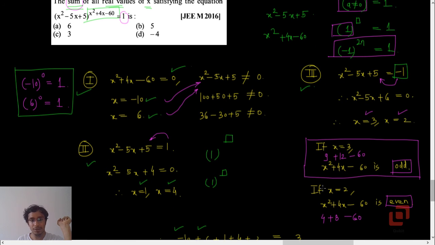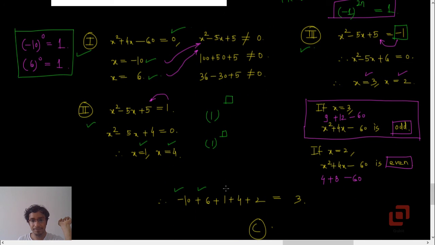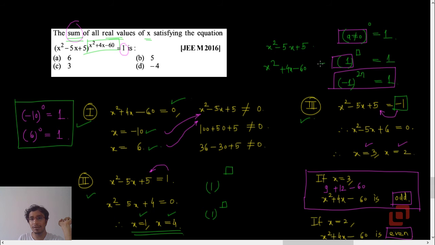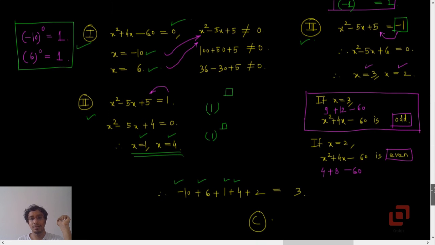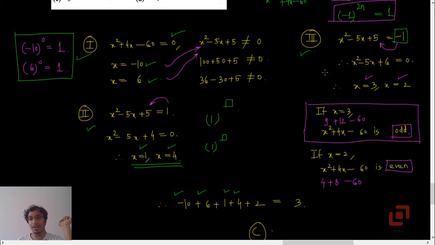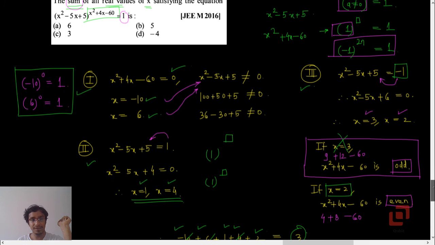Then the other two values, 1 and 4, which we obtained here by considering the second case, base equal to 1, index any real number. And then finally from the third case we had to reject x equal to 3. We will only consider x equal to 2, so only one value. So plus 2. If you sum them up, 6 plus 4, 10, that will cancel minus 10, 1 plus 2, 3. That is option C.